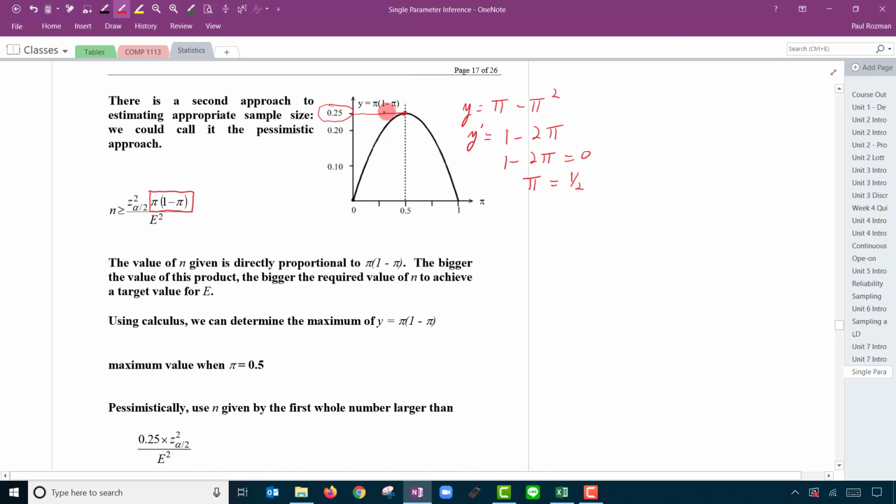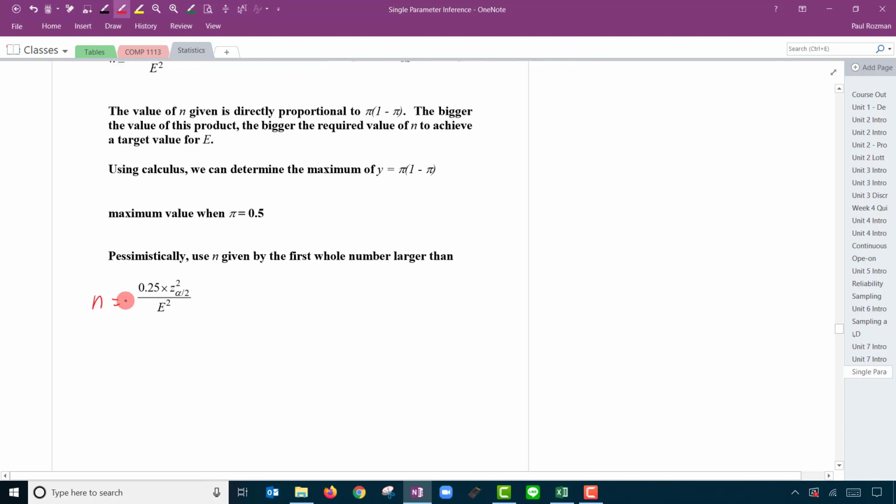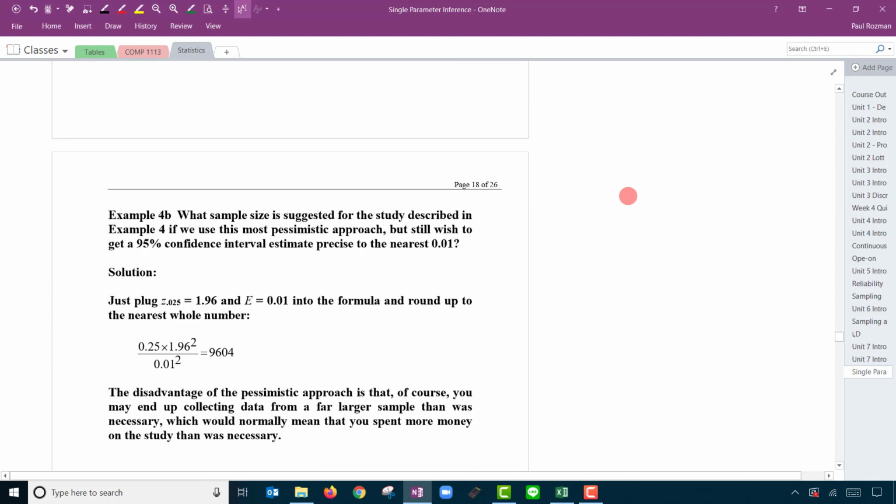So we end up with that bound of 0.25, and then we can just replace that into the formula. So our formula gets really simple here. It's just hard-coded. It's always just 0.25 times Z alpha over 2 squared over E squared. Let's repeat our error example using that.